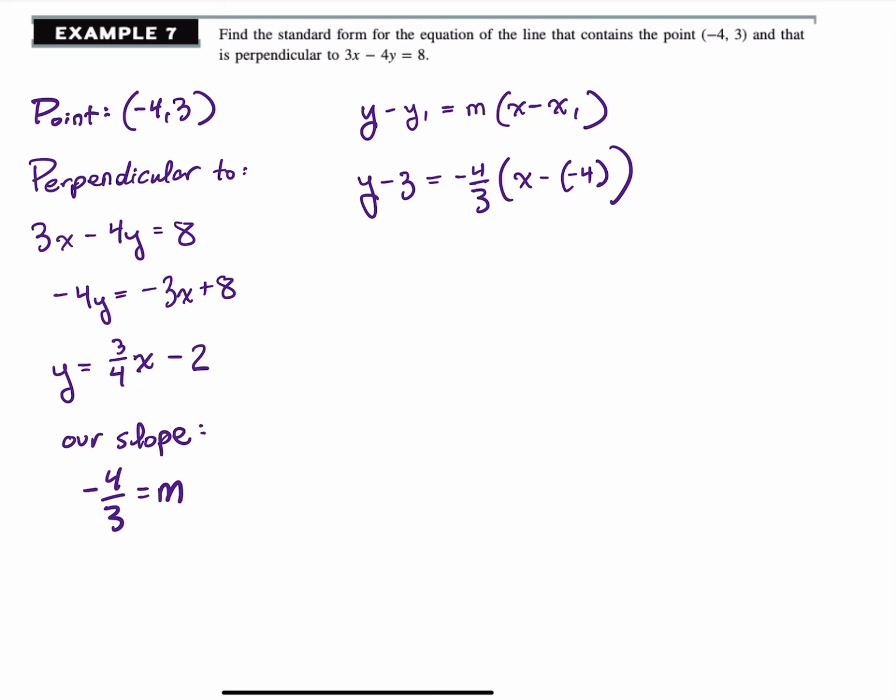And this wants the equation in standard form. It says find the standard form for the equation. So we want our x's and y's on one side and without any fractions or anything. So first let me get rid of the double negative before I end up losing track of that. So this will be negative 4/3 times x plus 4.